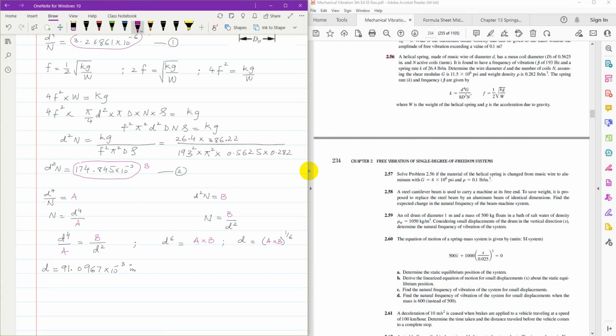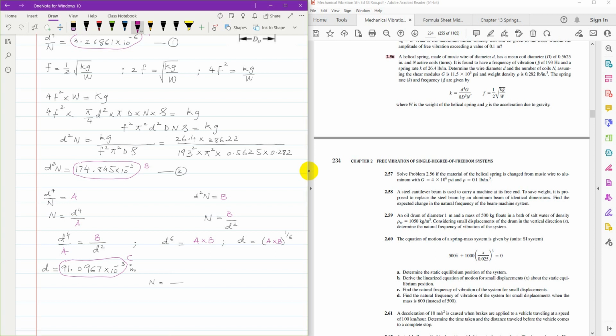Let's say if I have to use it again, so I'm going to save this in the calculator as C. So then I can use n equals b over d squared.